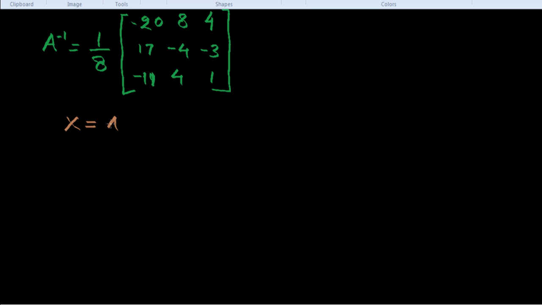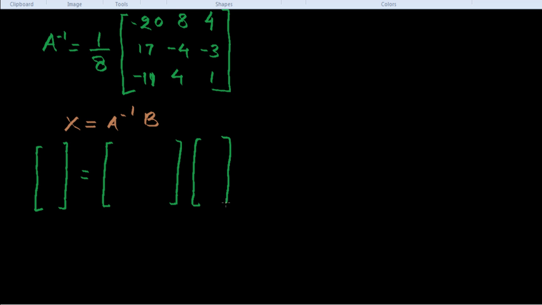X is equal to A inverse into B. We write down A inverse into B, and put the elements here. This is x, y, z.